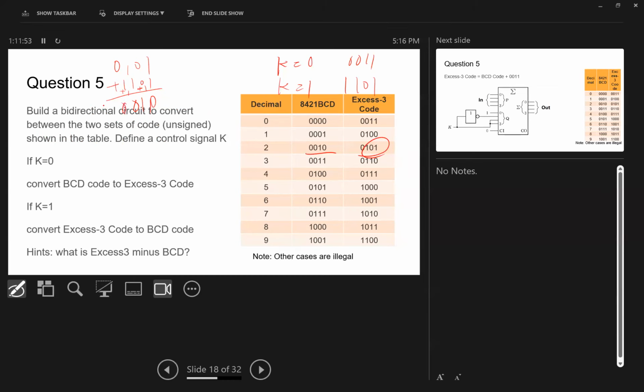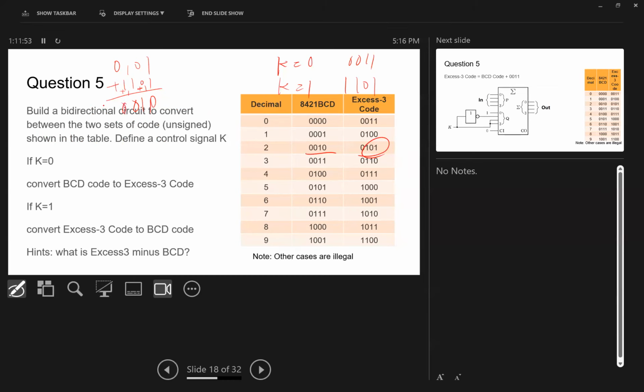And question 6 is quite similar to question 5. Here it just asks you to use two 4-bit adders and necessary logic gates to implement a 1-digit decimal adder. Their input and output are all unsigned, so the input and output are both BCD.